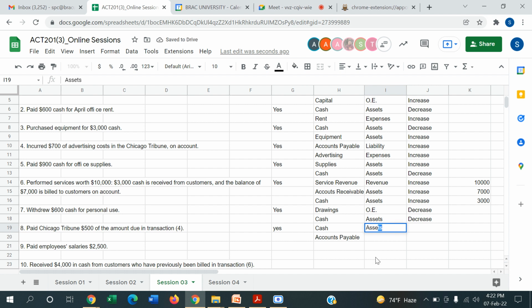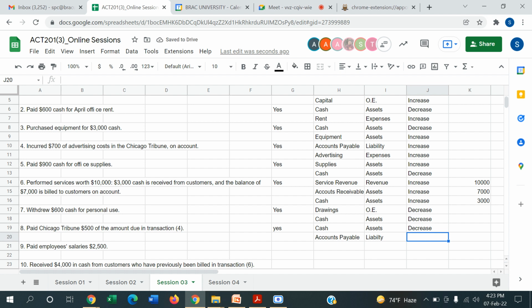Cash is an asset, accounts payable is a liability. How are they changing? Cash decreases, and the liability, accounts payable, will also decrease.